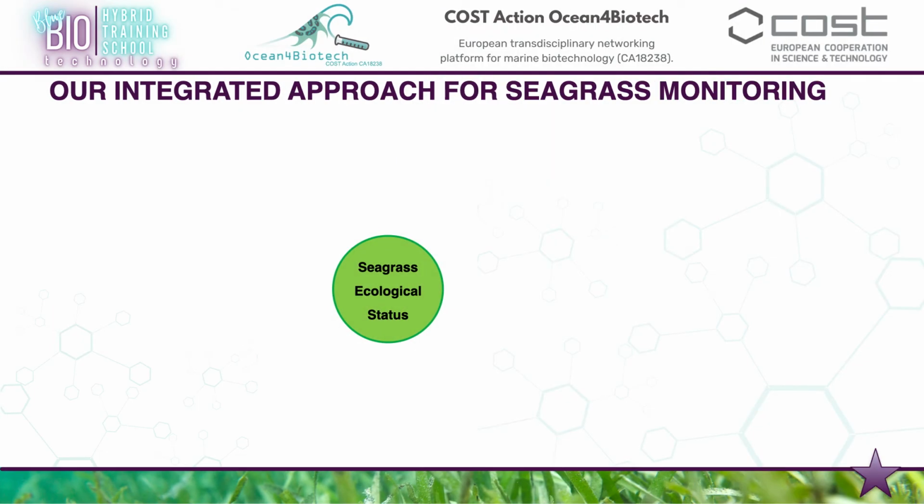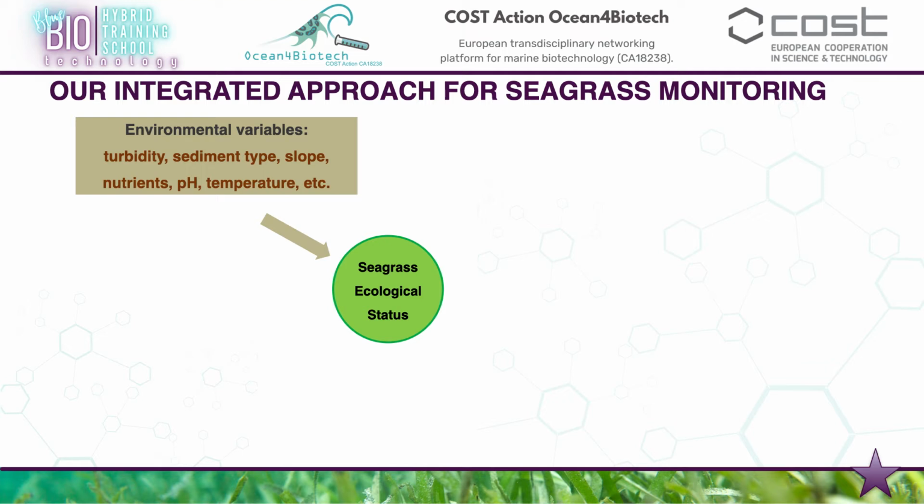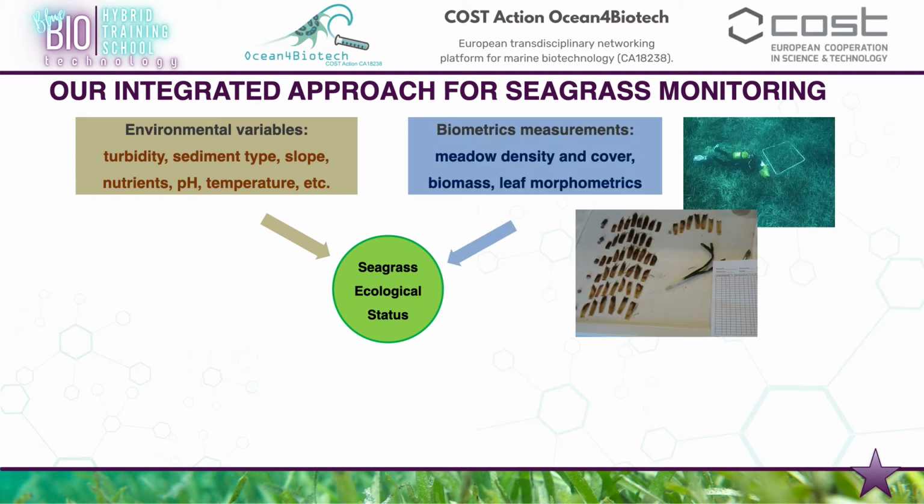Since the methodological approach is very important, we decided to have an integrated approach for seagrass monitoring that starts with the environmental variables, obviously, like turbidity, sediment type, slope, nutrients, pH, temperature, to pass to the biometric measurements that are very common, like meadow density and cover, biomass, leaf morphometrics.